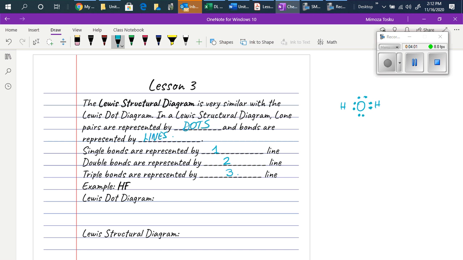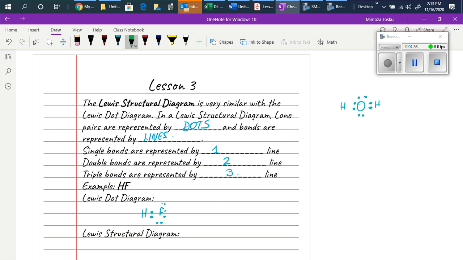Okay, so let's take a look at the Lewis structure diagram of hydrogen fluoride, HF. In this case, what we have as the Lewis dot diagram is that the hydrogen is here, and then we have fluorine, 1, 2, 3, 4, 5, 6, 7, 8 electrons in the outer shell. So those 2 electrons are the electrons that are bonded together, between hydrogen and fluorine.